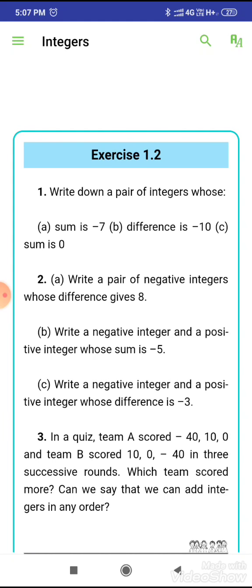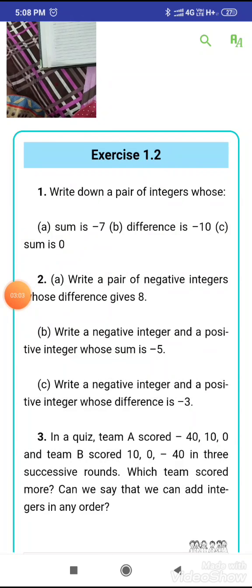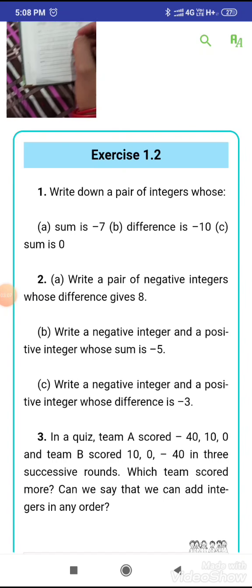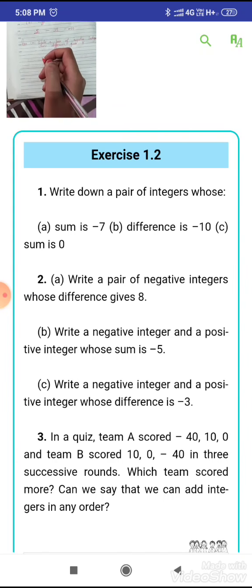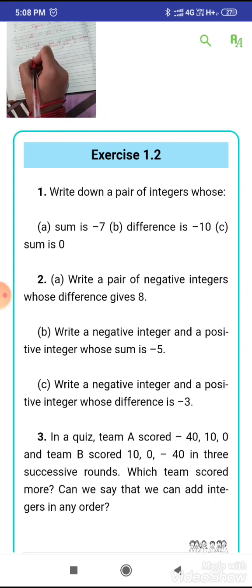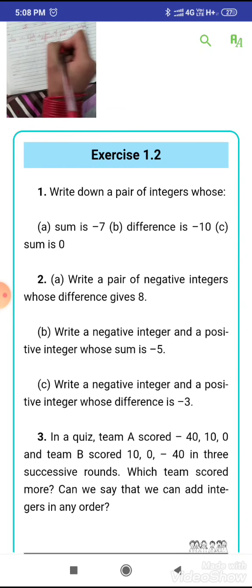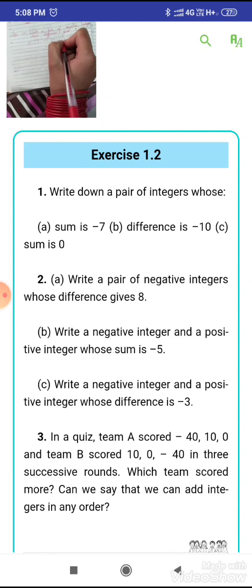Question number 2. Write a pair of negative integers whose difference gives 8. In this question, we have to find a pair of negative integers whose difference is 8.